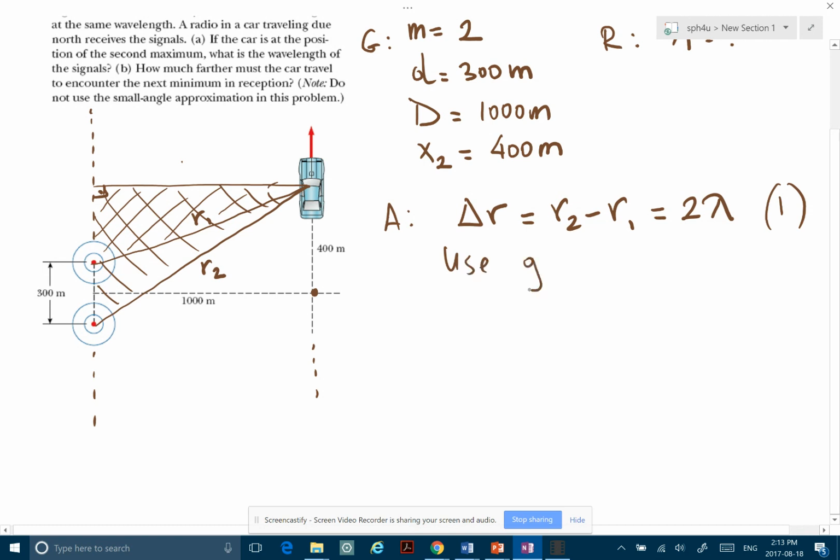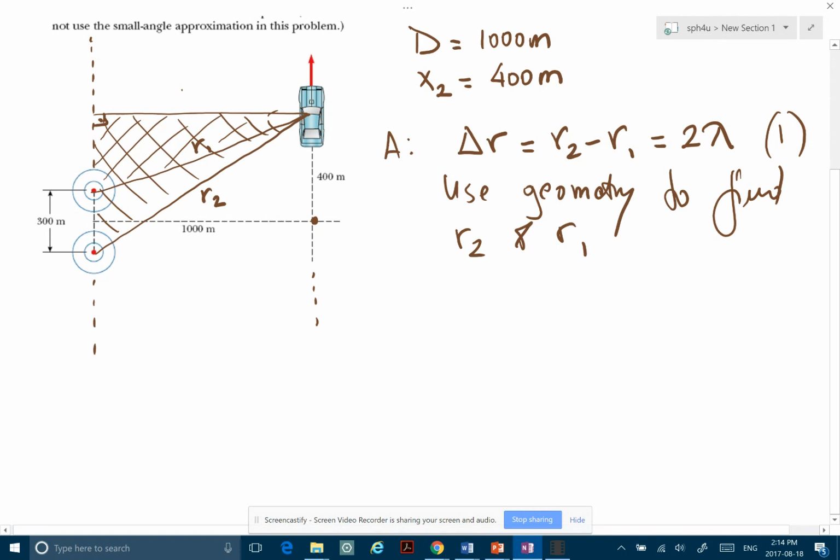So we're going to use some geometry to find R2 and R1, and more exactly, we're going to use the Pythagorean theorem. All right. So if this is D, this side of the triangle is x2 minus D over 2.